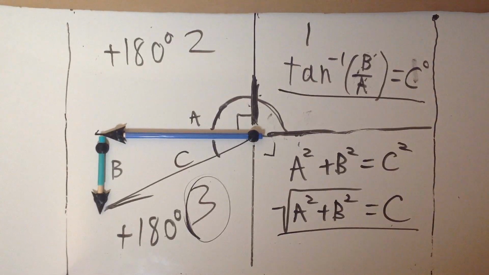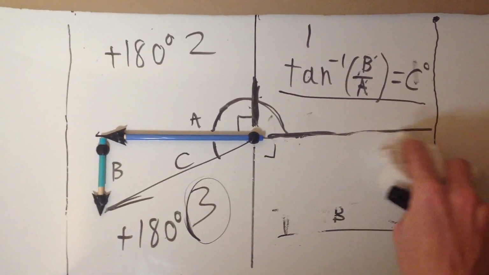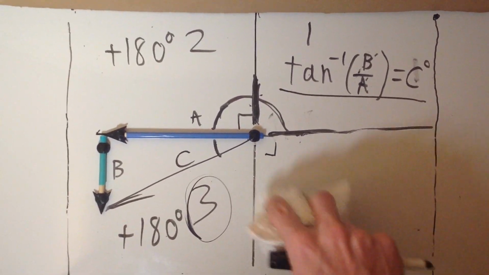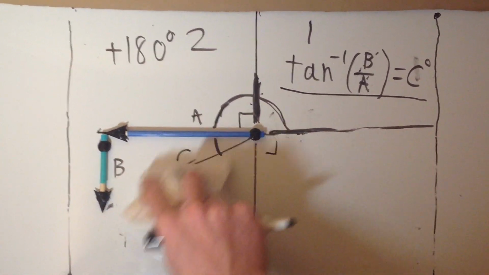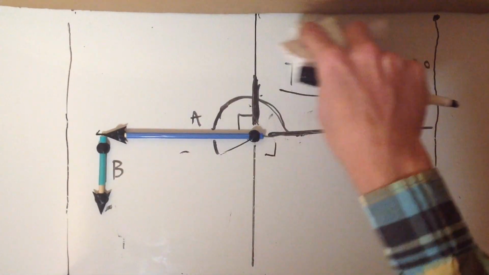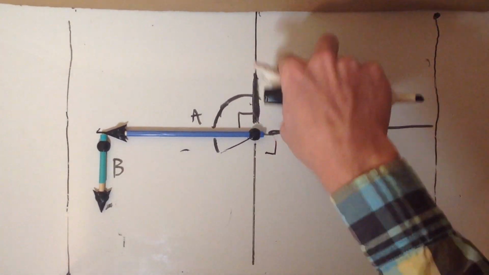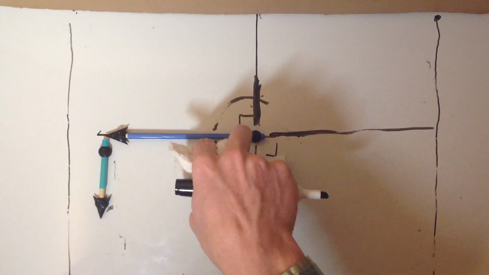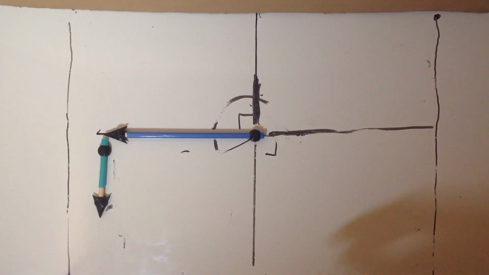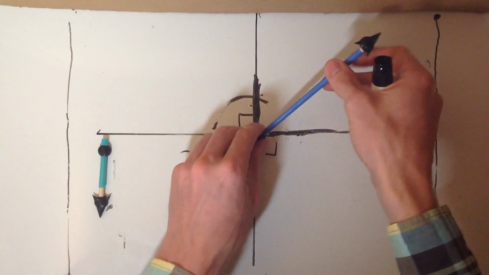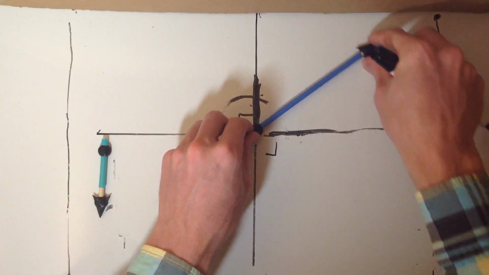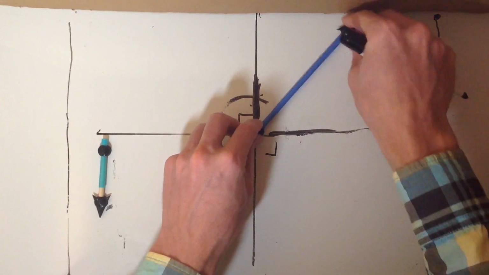Okay, now let's erase this and do what we need to do if we need to find our x and y's. We're going to do this generally again. If you want some specific examples, look at the examples in the book. So we're going to take our blue vector and put it at some angle.